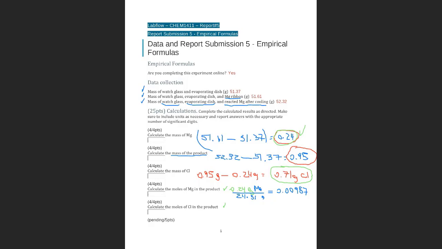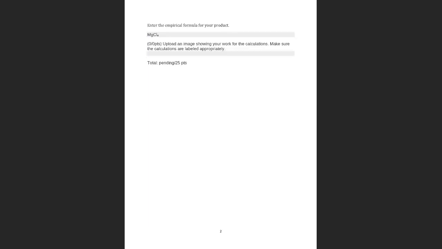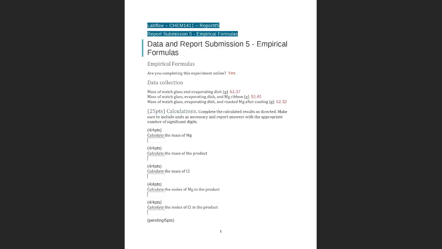And then you do the same with chlorine, but you divide by the atomic weight of chlorine, that is 35.45. And once you have the moles of chlorine, you are going to calculate the empirical formula. You divide by the smallest number and get the empirical formula. Any questions?